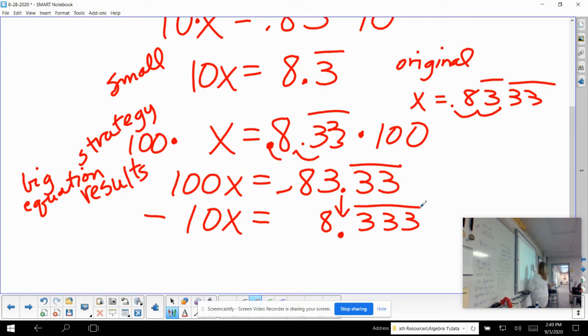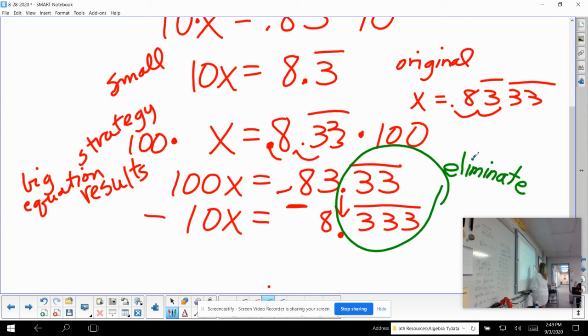And then these will all go here, and that's really good because those are going to subtract out. So these guys are going to eliminate. Whenever we subtract a number from itself, we get 0. When you divide a number by itself, you get a 1. When you subtract a number from itself, you get a 0. And that means it's gone.